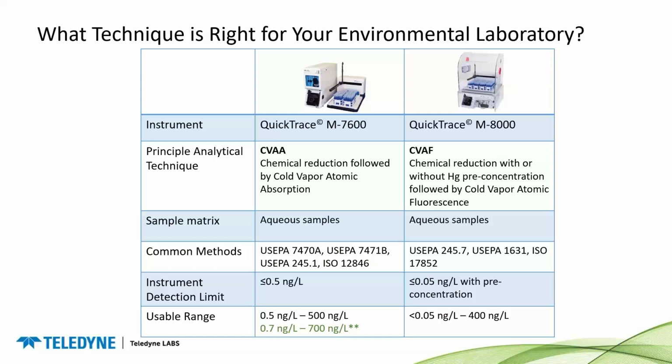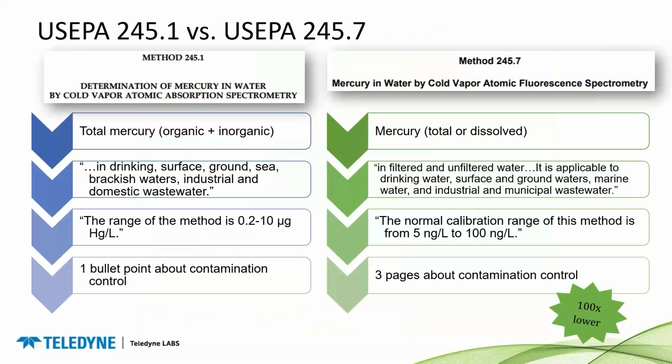So let's compare some typical methods used on these instruments. So we have US EPA 245.1 and US EPA 245.7. So very similar in name. You know, the numbers are similar. They're both determination of mercury in water. The analyte is the same, total mercury.